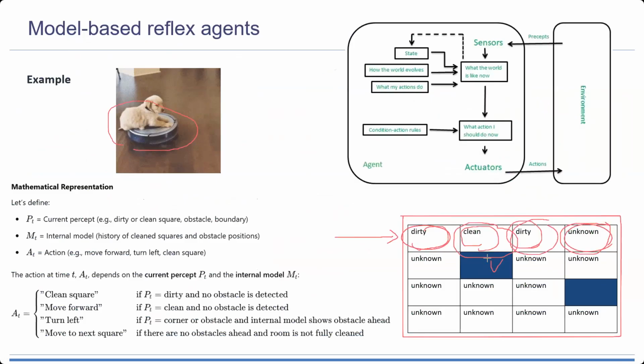So this is the obstacle. Maybe this is the wall. This is another wall. Then if the vacuum cleaner walks from here to here, and then walks to here, and then finds the wall, then it will go to this one.